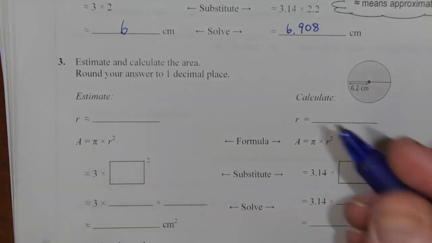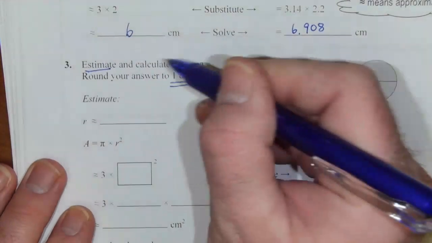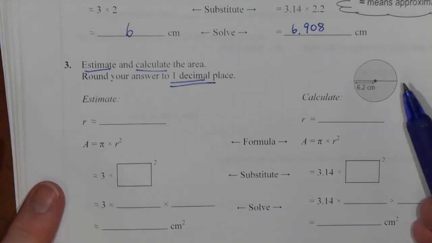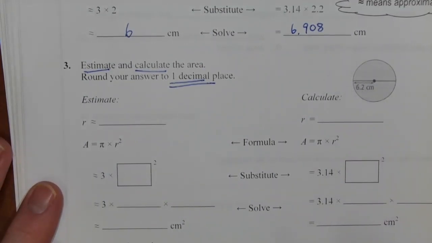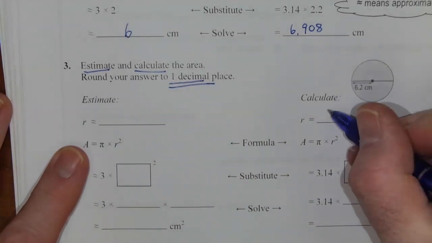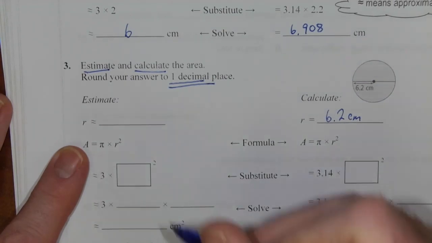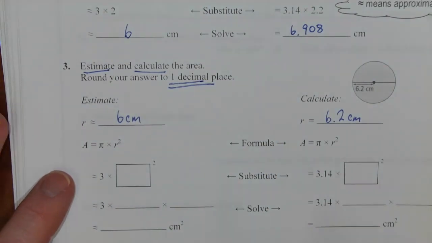Round your answer to 1 decimal place. And again, we're estimating and calculating. So we've got a circle here. We're being shown a radius of 6.2 centimeters. So under the calculation, we'll use a radius of 6.2 centimeters. Over here on our estimate, we'll use 6 centimeters for that.